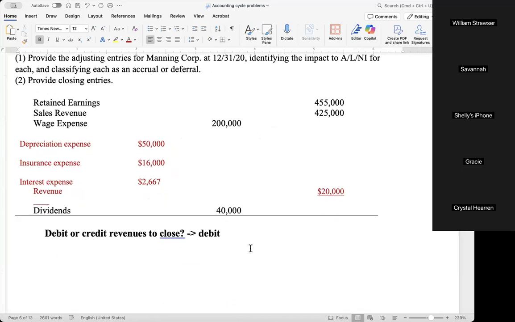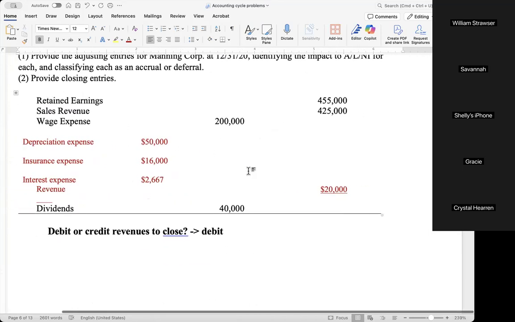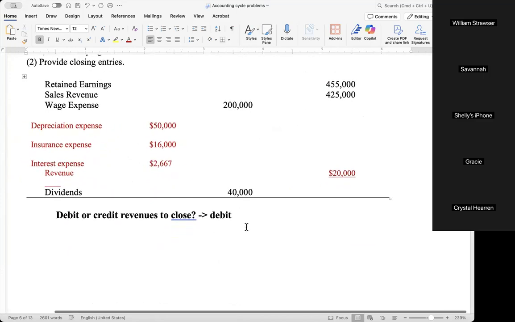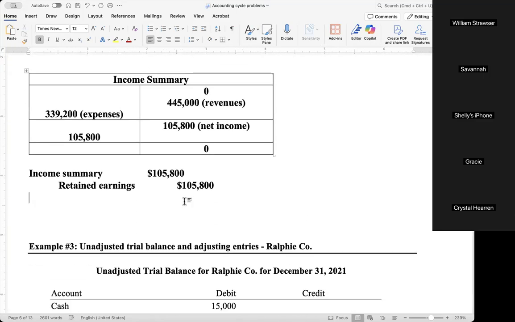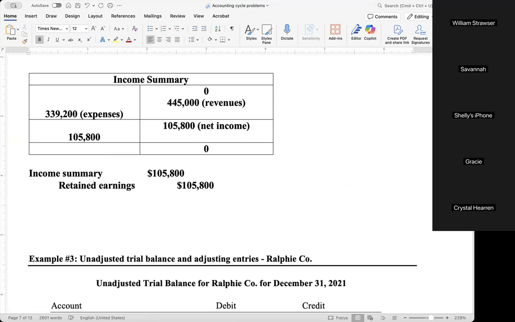Yeah, it's the one we haven't used yet, when I pulled out 40,000. Since dividends is a debit balance, we want to do what to them? Credit. Yep. Credit dividends for 40,000, and we debit retained earnings for that amount as well. And those are your closing entries.